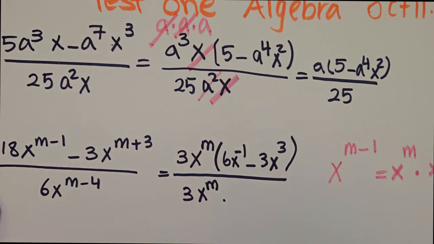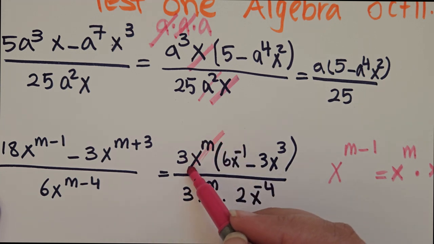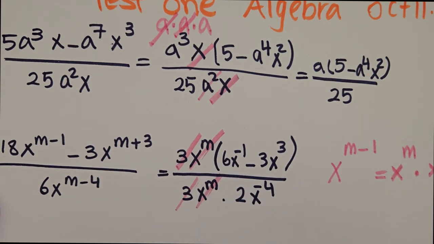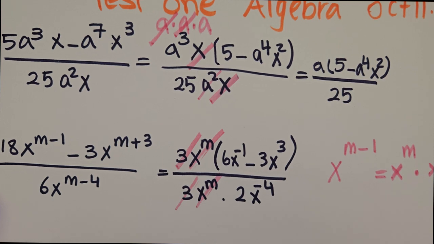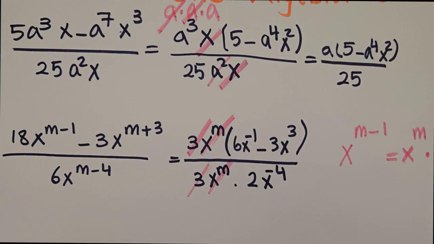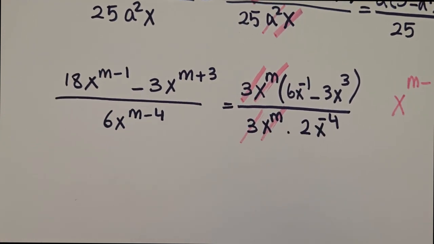You don't have to do that for the bottom one, but I'm just going to break it into 2 terms because canceling out would be much easier. 2x to the negative 4. So here, this will cancel out and see what is left. Here we're dealing with a combination of positive and negative exponents, so we cannot leave it like this. We have to continue simplification.